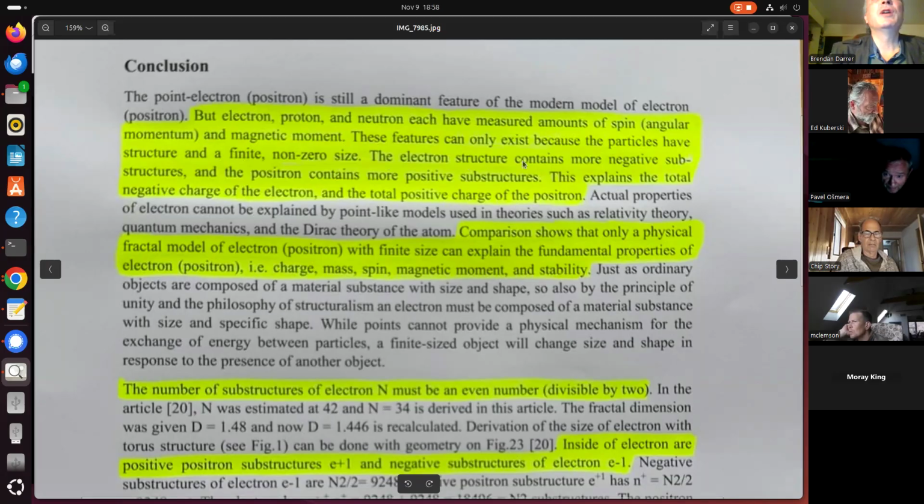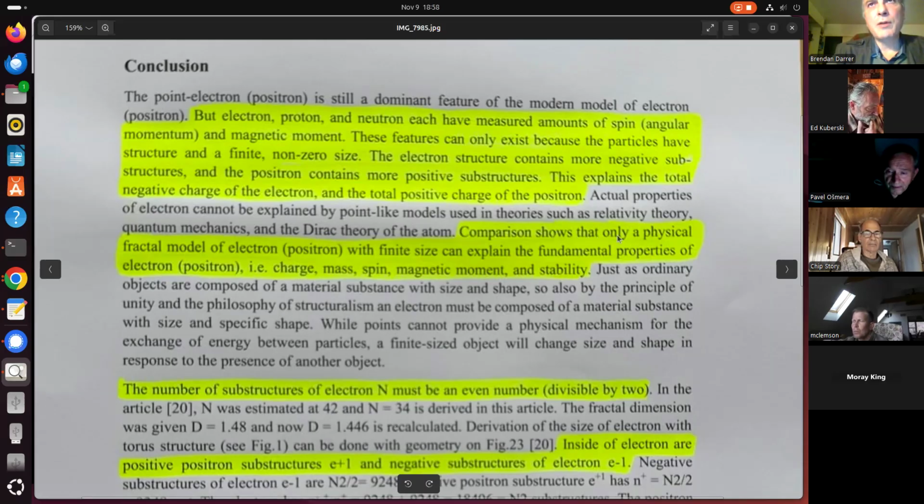The electron structure contains more negative substructures, and the positron contains more positive substructures. This explains the total negative charge of the electron and the total positive charge of the positron. Actual properties of the electron cannot be explained by point-like models used in theories such as relativity theory, quantum mechanics, and the Dirac theory of the atom.